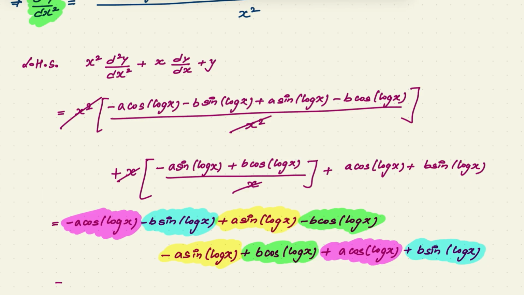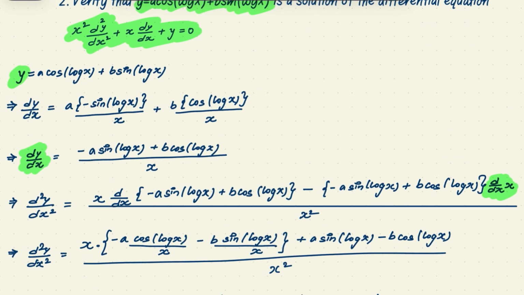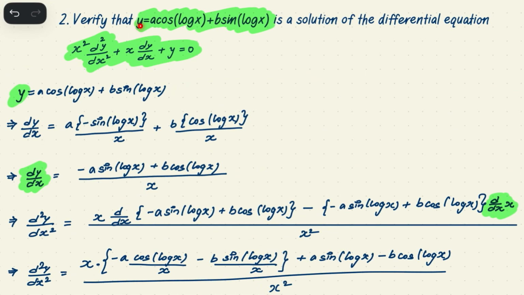Hence, this equals to 0, which is on my right hand side. Now, since left hand side and right hand side are coming equal, that means this y equals to a cos log of x plus b sin log of x is a solution for this given differential equation.